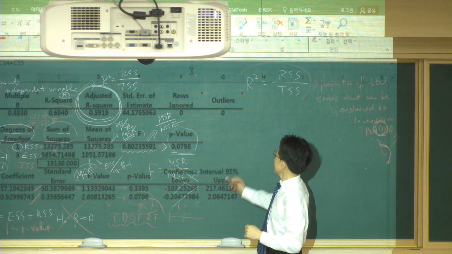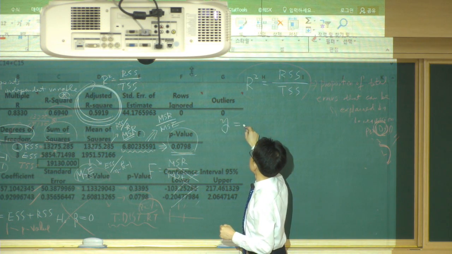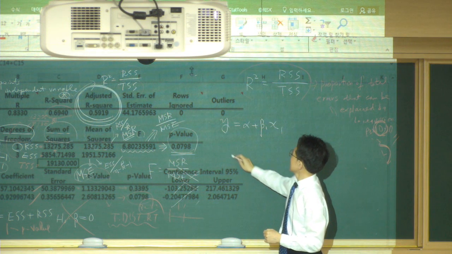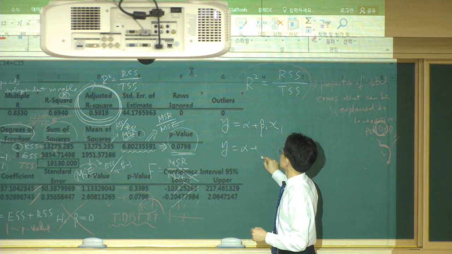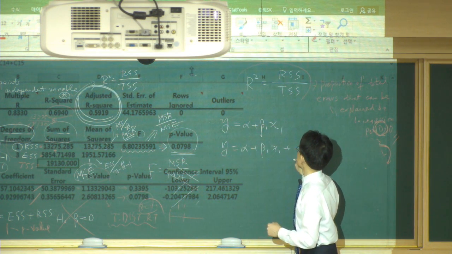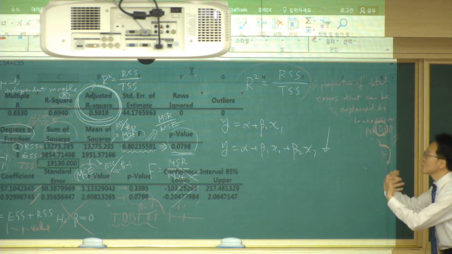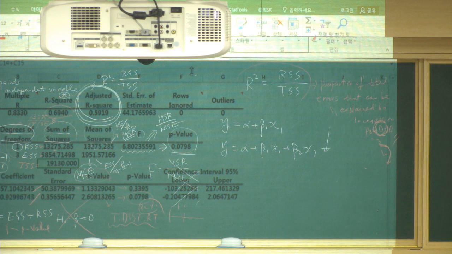For example, let's say I have y = alpha + beta 1 x1, and then alpha + beta 1 x1 + beta 2 x2. As I add one more variable into the model, R squared never goes down. Why?